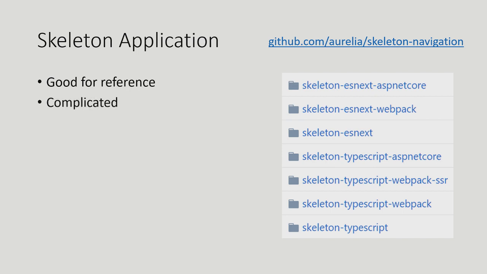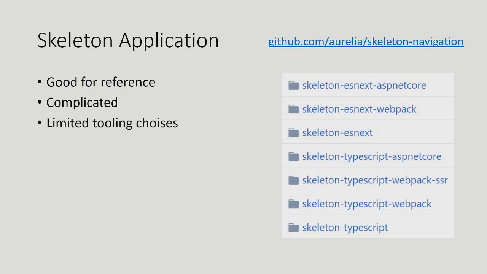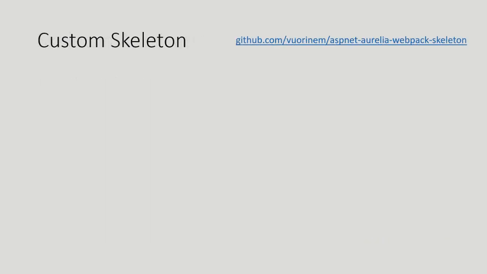It's a good reference if you want to know how these different setups are configured, but it gets complicated quite easily, and you have limited choices for the tooling. If you don't use the specific setup, then you need to know how to configure anyway. So I would use this as a reference for your own configuration instead, which is what I've done.